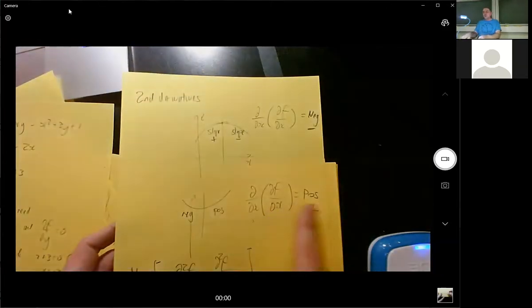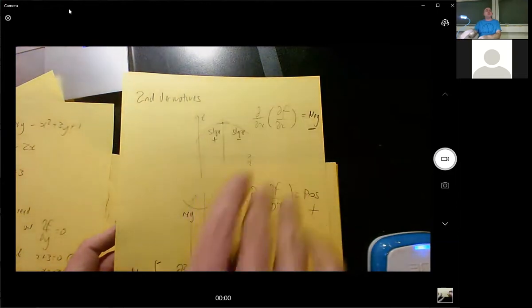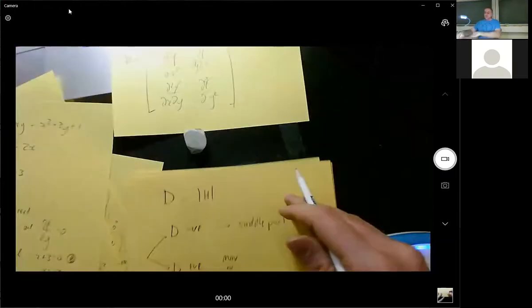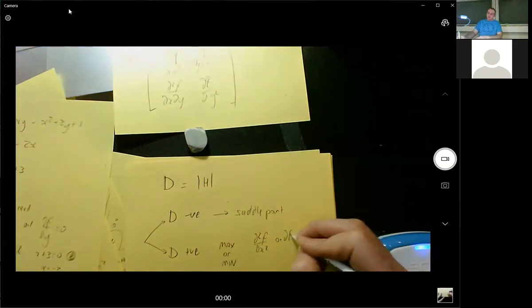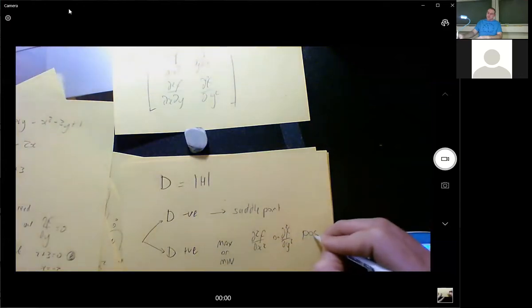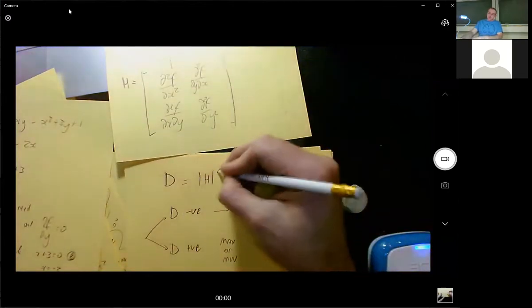Because if the double derivative with respect to x is negative, it'll be a maximum, because it'll be the top of a hill. Equals, two lines, what does that symbol mean? This here, yeah, the determinant.